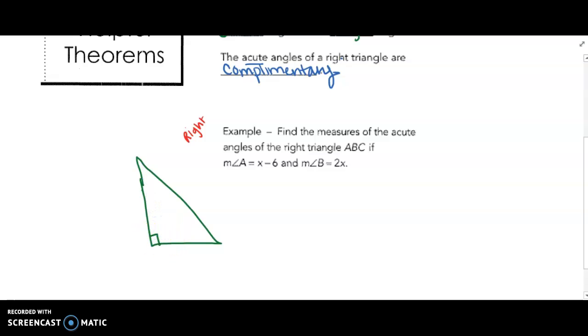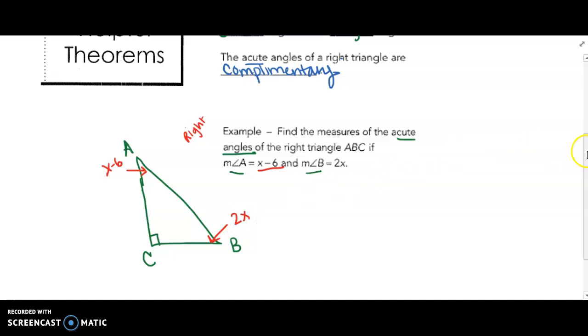It doesn't have to be to scale. And it says we want to find the measures of the acute angles, and then it gives us angle A and angle B, so we're going to assume angle C is the right angle. And then A and B are the acute angles, so I'm just going to say A and B. And I know that angle A is x minus 6, and then angle B is 2x.